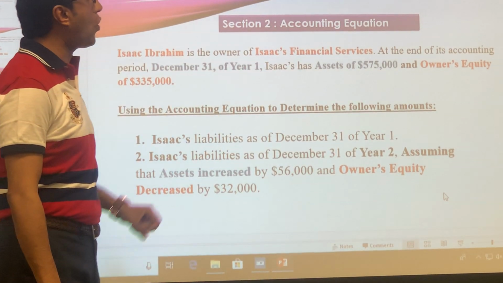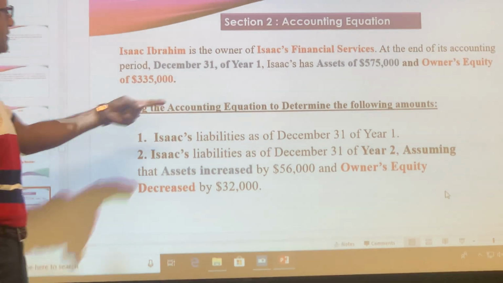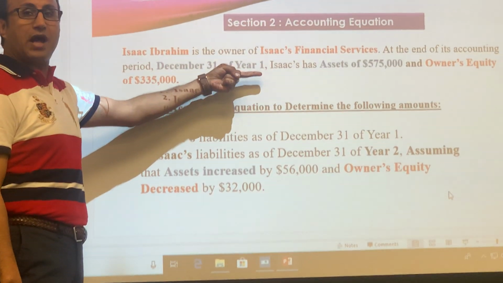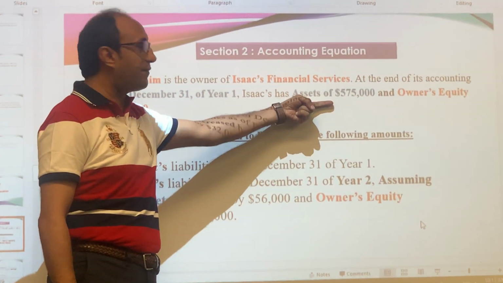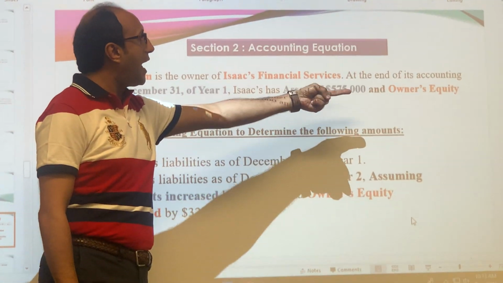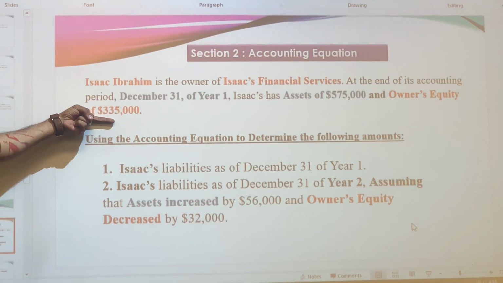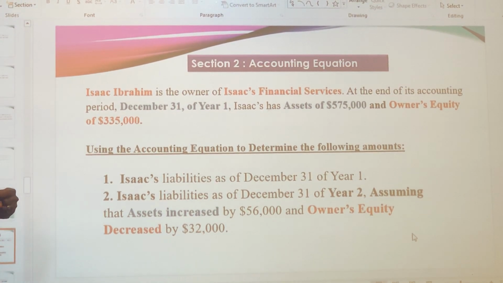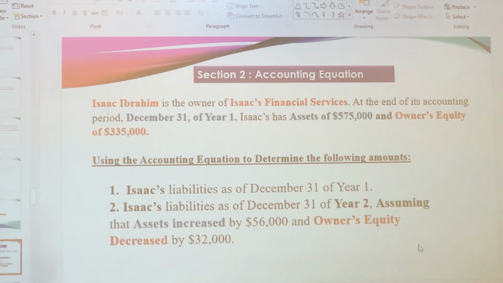At the end of its accounting period, December 31 of year 1, Isaac has assets of $575,000 and owner equity of $335,000.